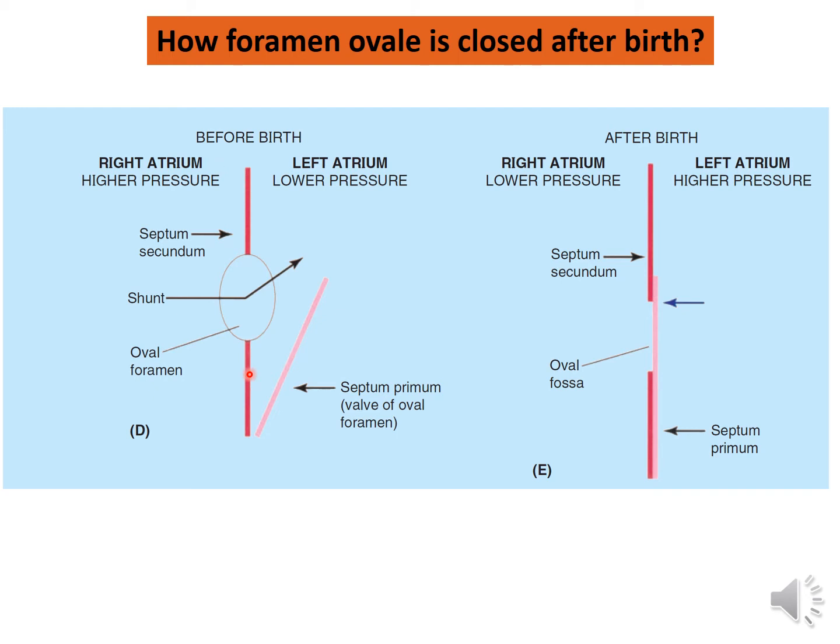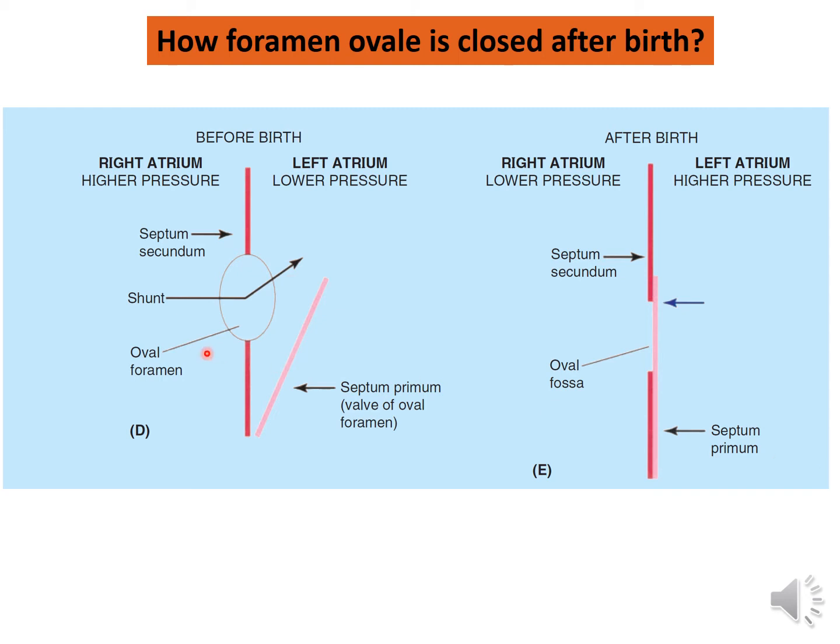The partition between them is called the interatrial septum. This interatrial septum comes from two sources. One is the septum secundum, the upper portion of the septum. The lower portion of the septum comes from the septum primum. Between these two parts you can see a valve-like opening which is oval shaped. That is why it is called the foramen ovale.